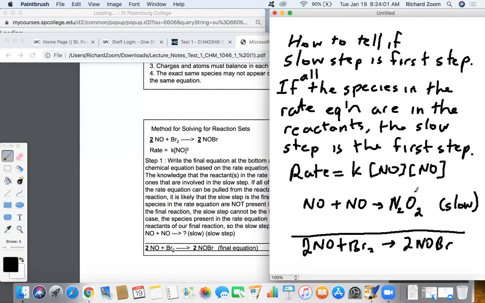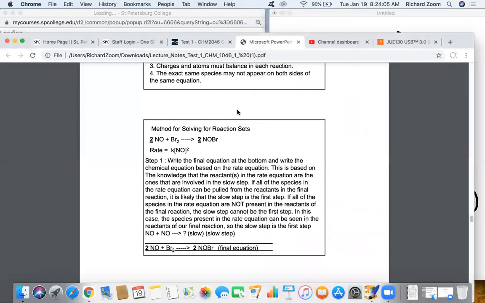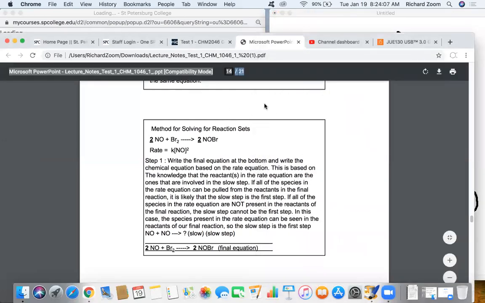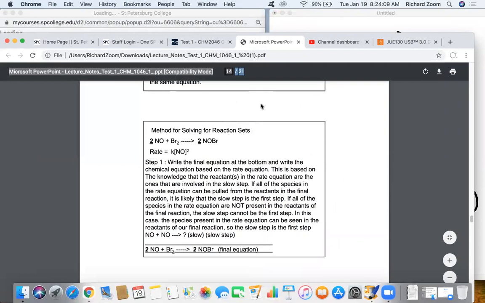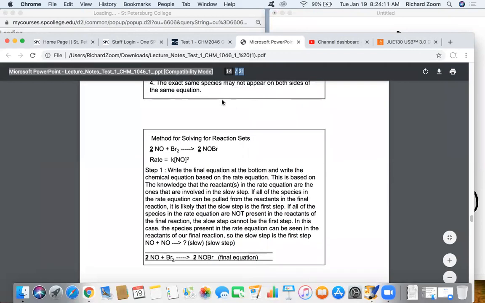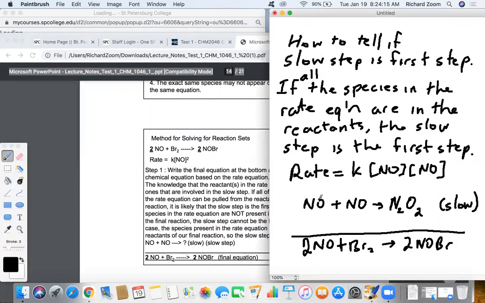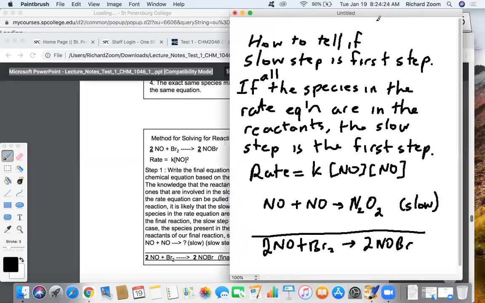Now, the thing I make here, it says here that the exact same species may not appear on both sides of the same equation. So what I mean by that, when I'm looking at that, I see I've got N2O2. That's different to these 2 NO molecules. So let me show you what I couldn't do.